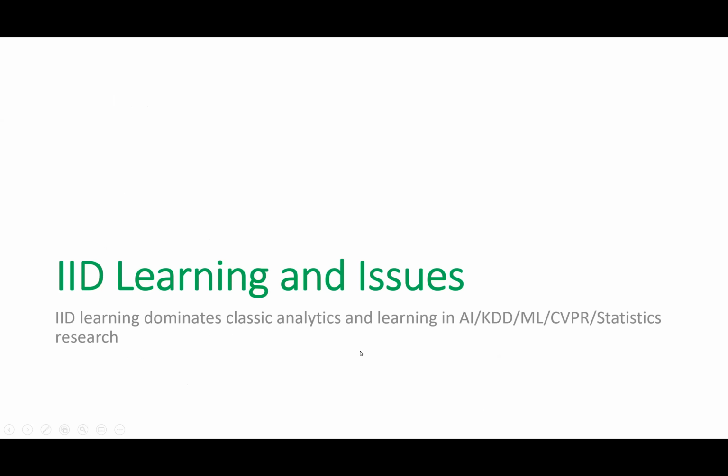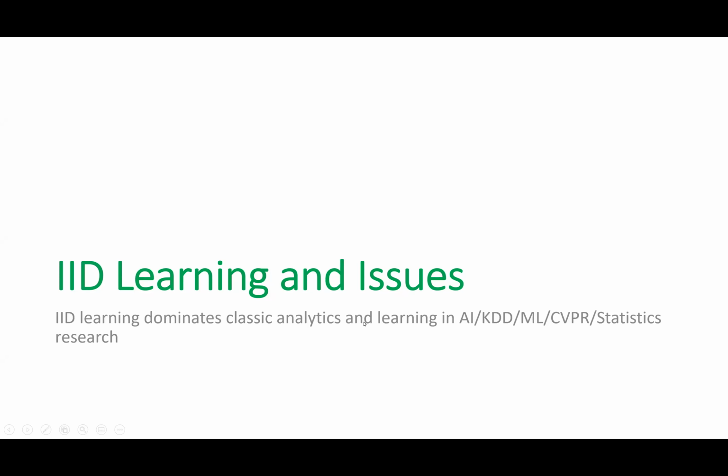First of all, I think it's really important to understand the concept of IID in the classical domain of analytical learning, which covers almost everything from mathematics and statistics to general AI, data mining, machine learning, computer vision, pattern recognition, image processing, signal processing, and so on.